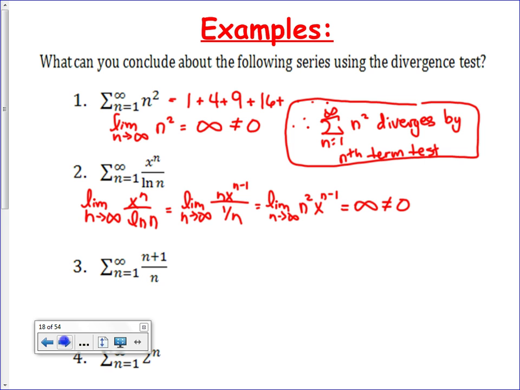No. What do 3 dots mean? Therefore means it's mathematical language. Therefore, since it's not 0, it diverges by the nth term test.